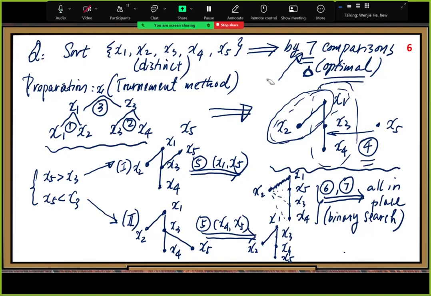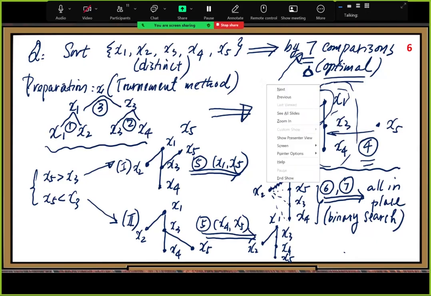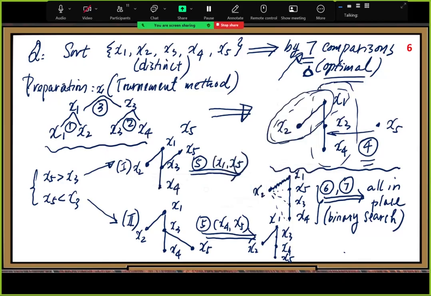I need to change the color. All right. So another binary search situation, right? Two more. Another binary search situation. So number 6, number 7.